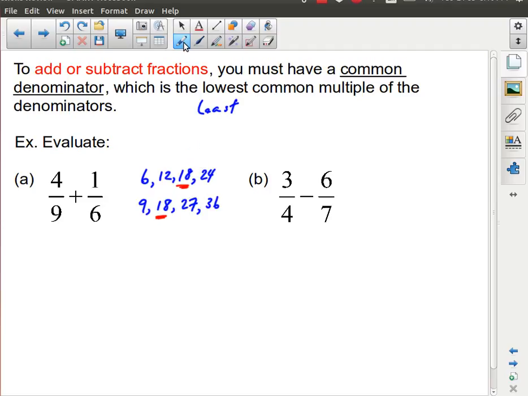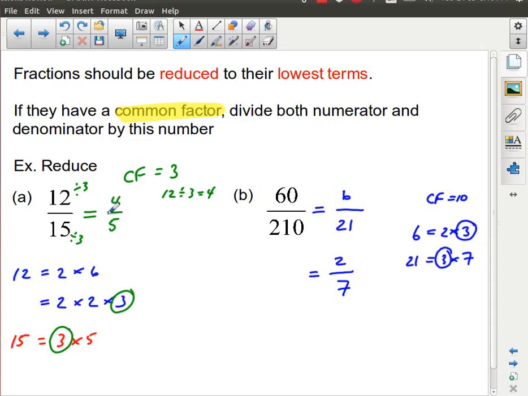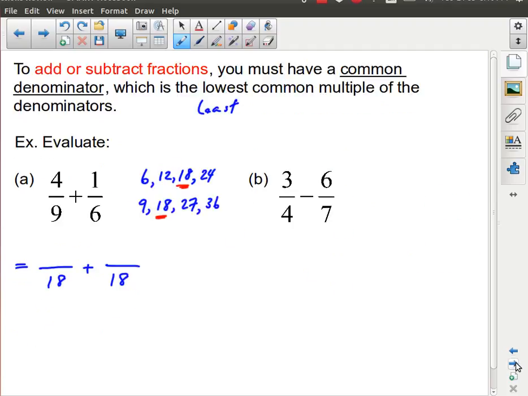So the question we now ask ourselves is, how can I rewrite each of these fractions as something over 18 plus something over 18? In the same way that on the previous slide I was reducing my fractions to their lowest form, now instead of reducing, I'm increasing these fractions into another form with a higher common denominator.